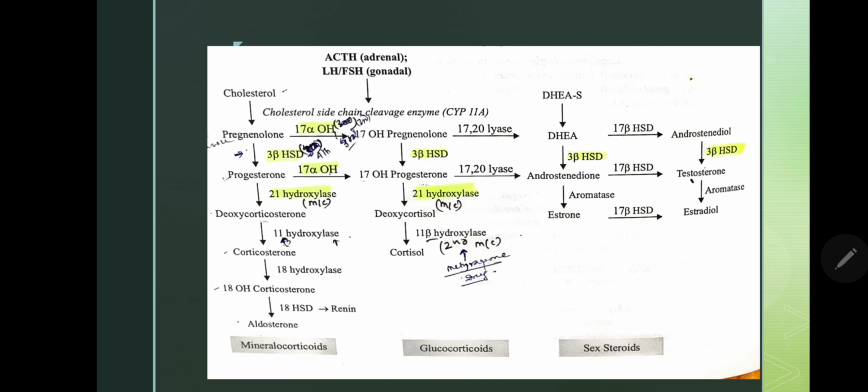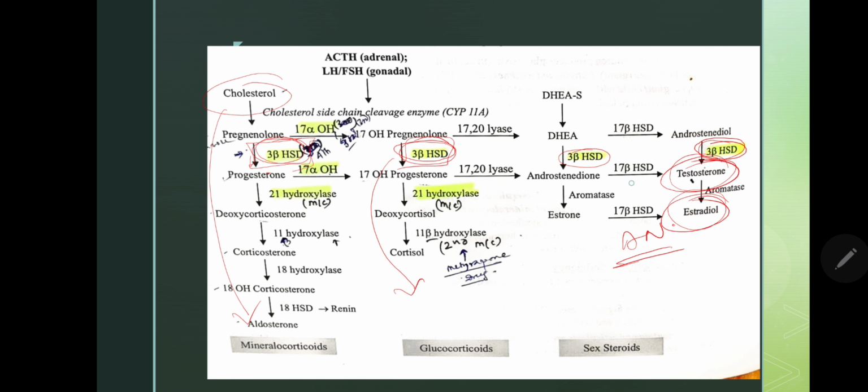Now the third one is 3 beta hydroxylase. This 3 beta hydroxylase is very much important, as this enzyme is deficient. So from the cholesterol, the body cannot produce mineralocorticoid, glucocorticoid, or the androgen hormone. So estradiol and testosterone are also not synthesized. But the precursor of androgen hormone is DHEA, which may have some androgen-like property.